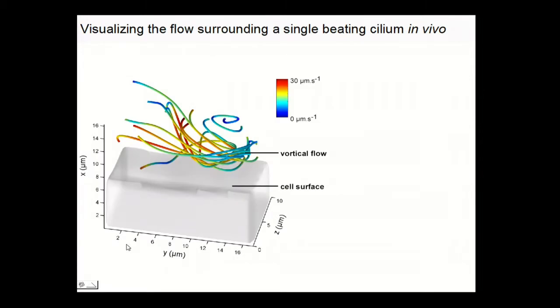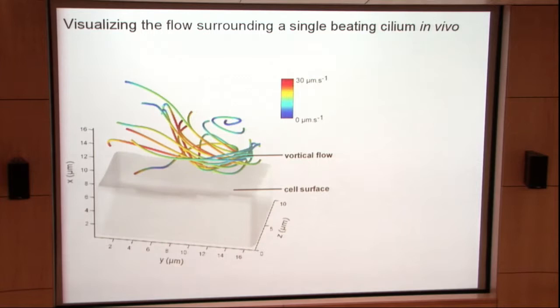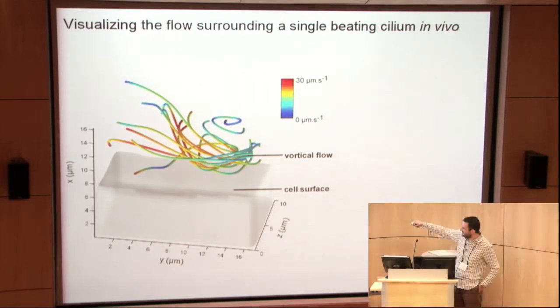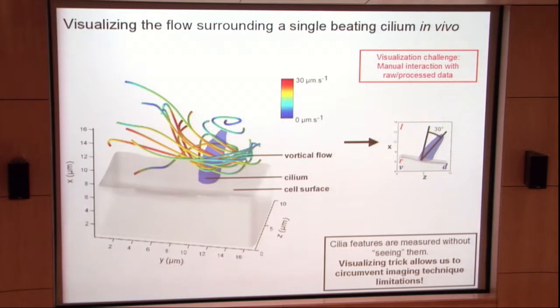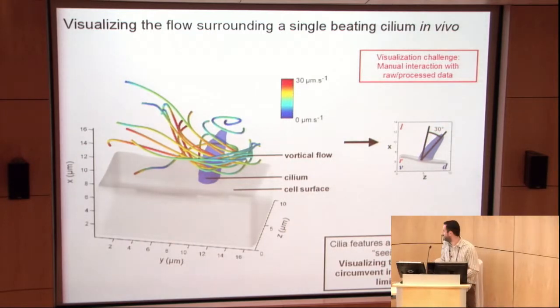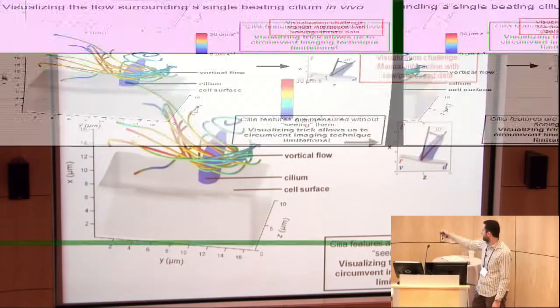Okay, so I was here. So we could display this and interact with this data to actually draw a volume inside this flow to identify the axis of rotation of the cilia, and then we could identify the position of the cilium, specifically looking at the angular aspect.